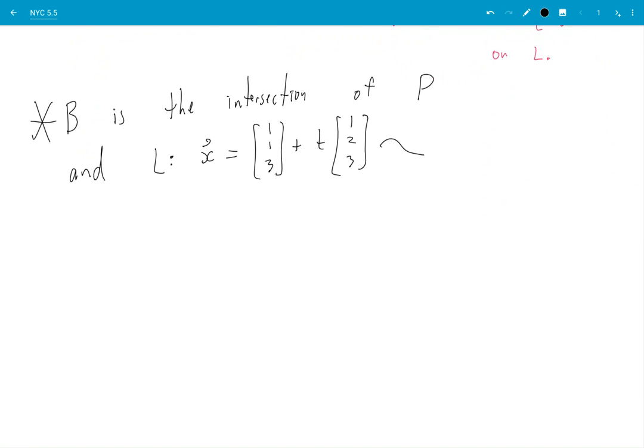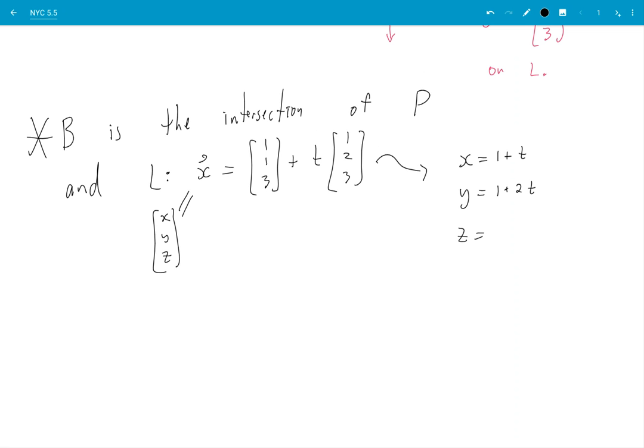So what am I doing here? Converting this into equations. X here is equal to the vector x, y, z. So if I take my line and write it in terms of what's called parametric equations, I get this. So I think I said this before.